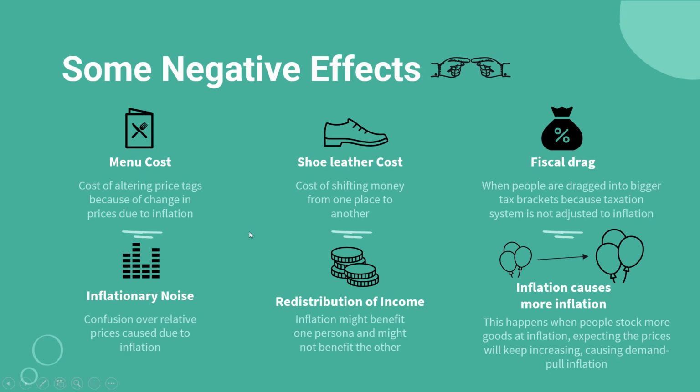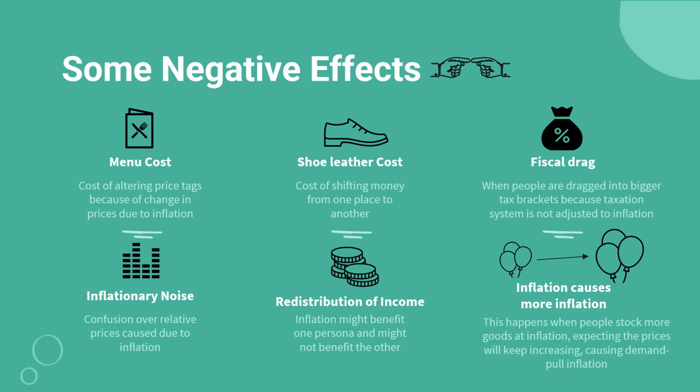Menu cost is the cost of altering price tags because of change in price due to inflation. So for example, if my t-shirt was costing $5, but due to inflation now it's costing people $7, the company has to change the price tags. This will cost the company, right?